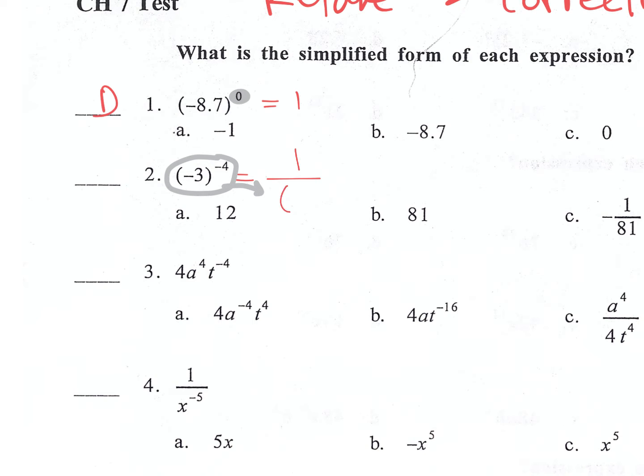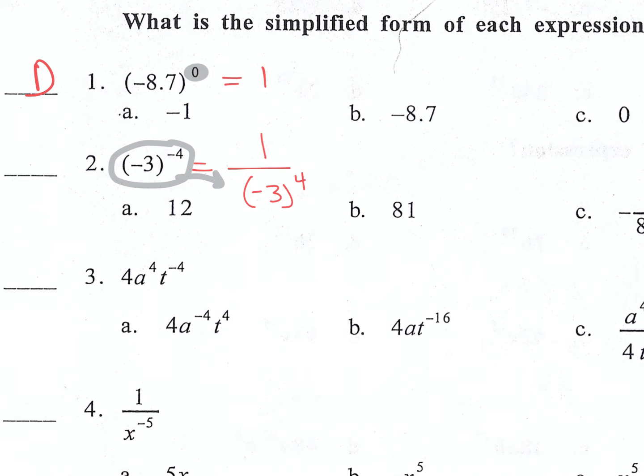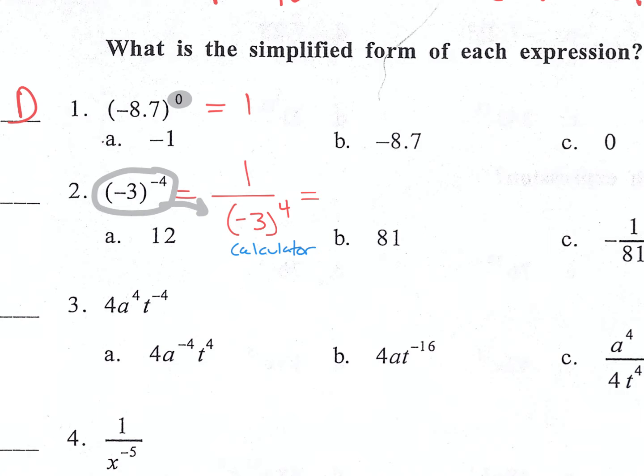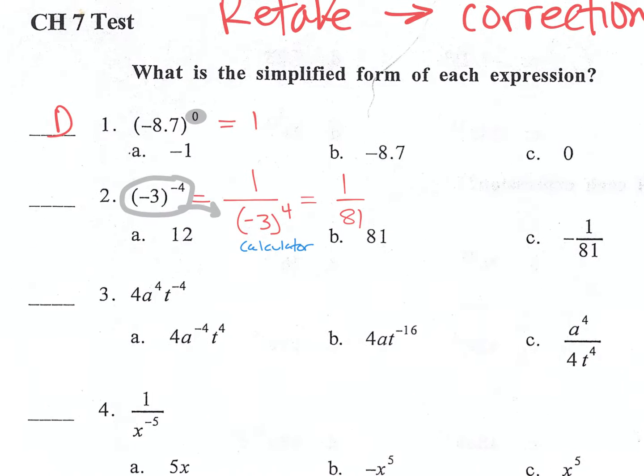So it's 1 all over negative 3 to the power of 4. The base stays negative, the exponent becomes positive. Then from here, I do all of this in the calculator. Negative 3 to the 4th comes out to be a positive 81. So it's 1 all over 81, which is answer choice D.